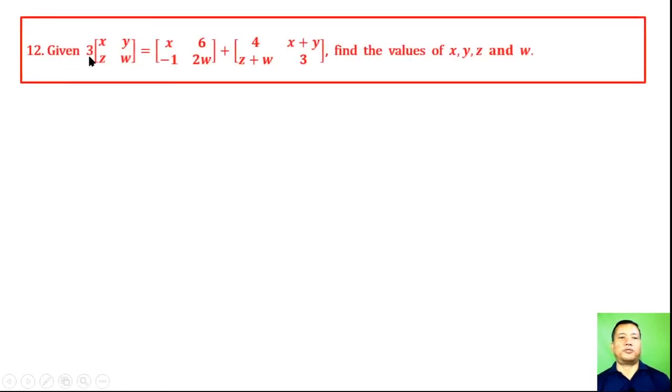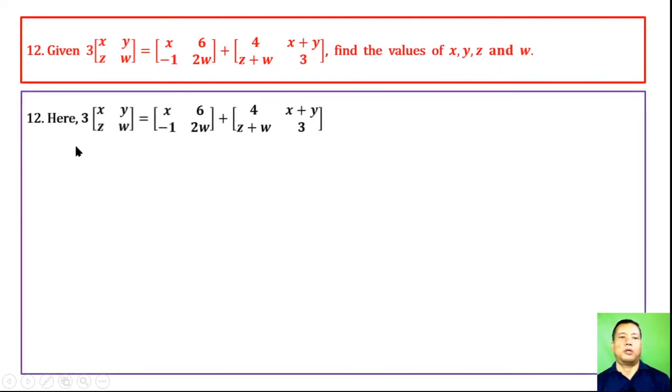Question number 12. Given 3 times the sum of these two matrices, find the values of x, y, z and w. Here we multiply 3 times this matrix, and then add to get this matrix.